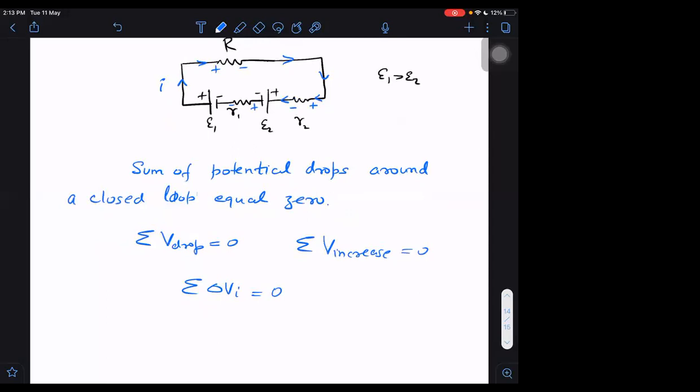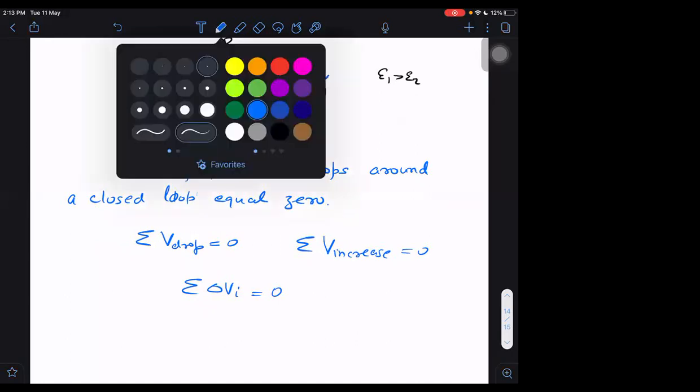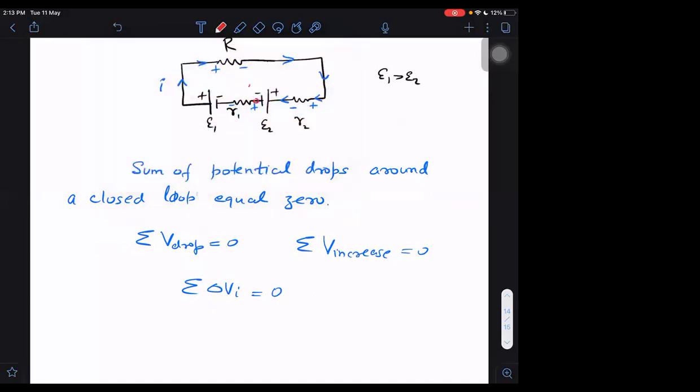I think it is understandable if I say potential at one point. Maybe I can start from one point A, go to B, then to C, to D, and to E, and again back to A. What is the potential difference between B and A? It is VB minus VA.